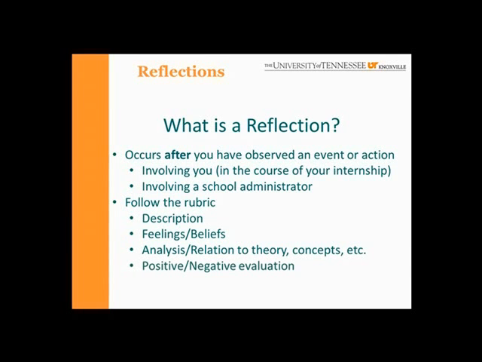Be sure to include an evaluation, either positive or negative, of what you thought about the event. You need to make a judgment statement about it. And finally, include future plans that you plan to take or that could have been taken as alternative plans for this action or event.